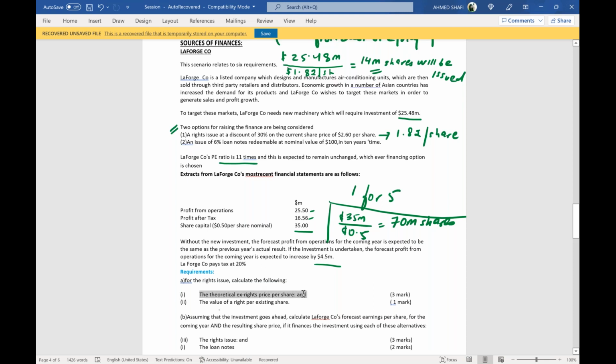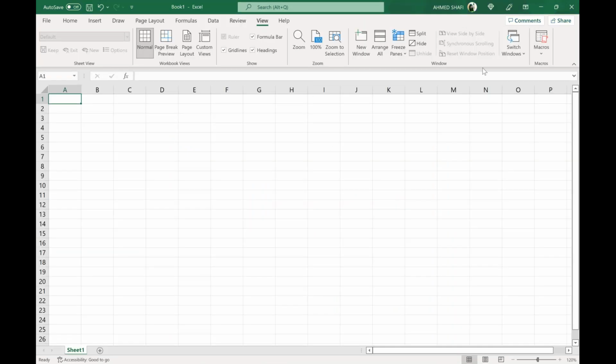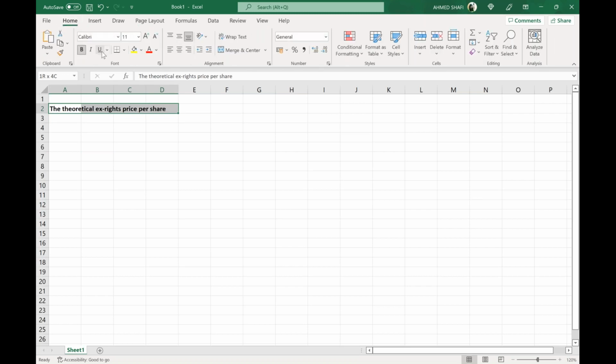Requirement A1. Calculate the theoretical exercise price per share. The share issue is 1:5.